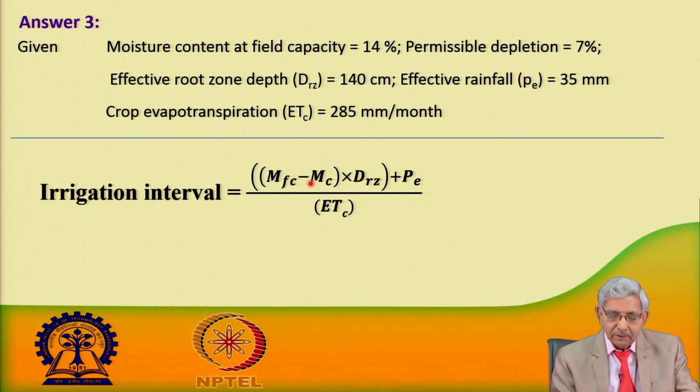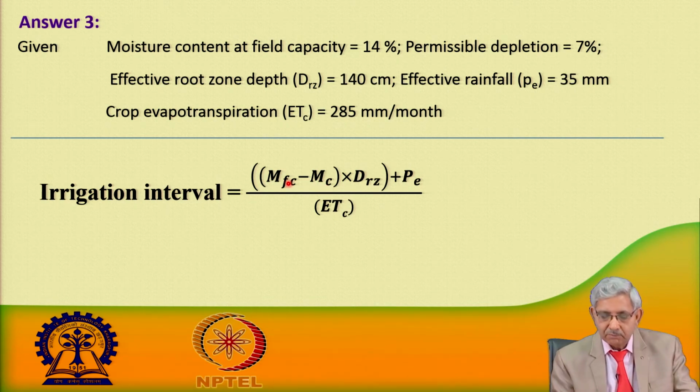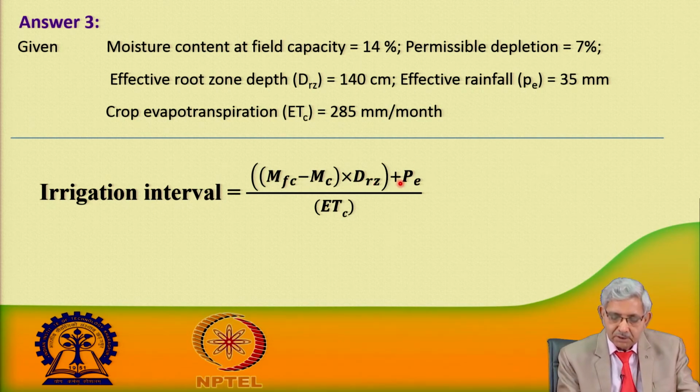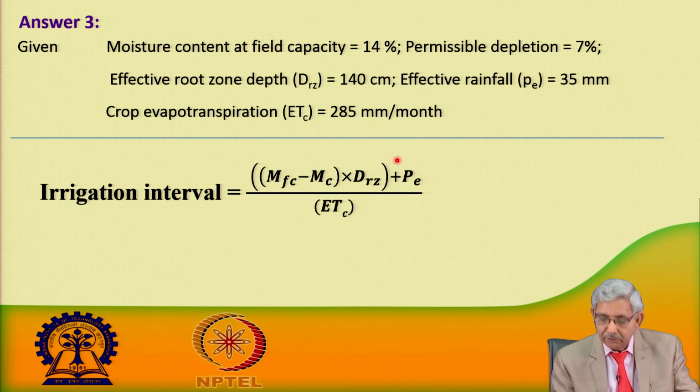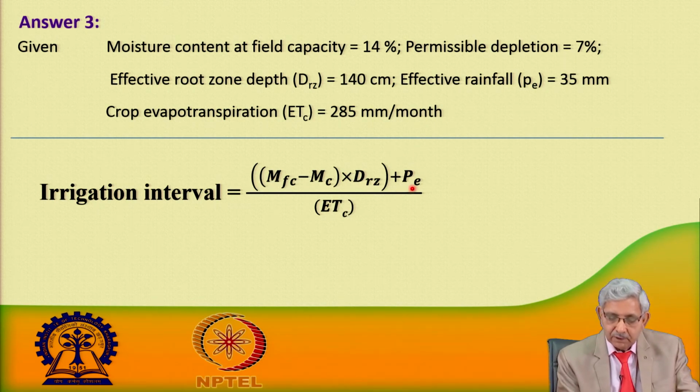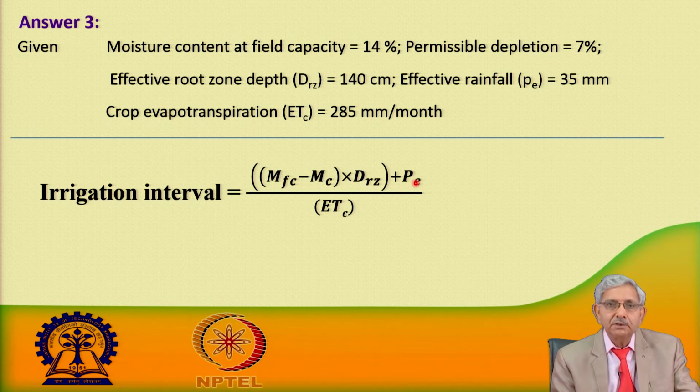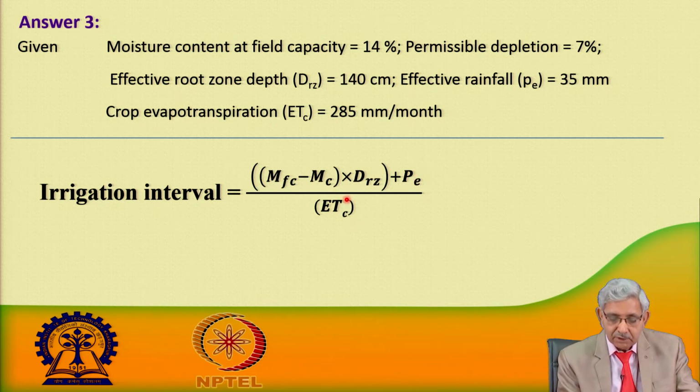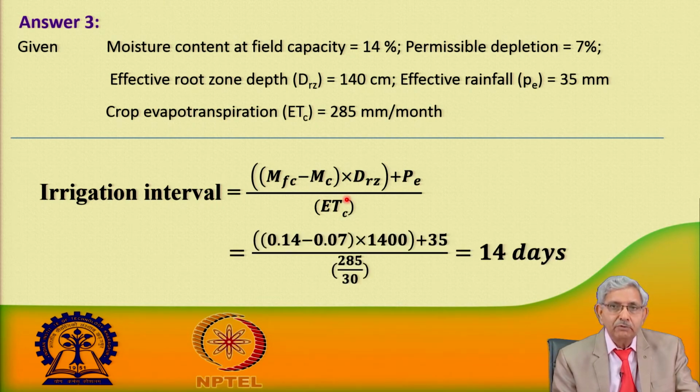So, this is 7% given, field capacity is 14% it is given, depth of root zone is given as 140 centimeter, plus the effective rainfall is 35 millimeter, Pe, divided by ETC, that is daily. When we are talking about ETC, here it is a daily, that is how much is the daily evapotranspiration requirement.